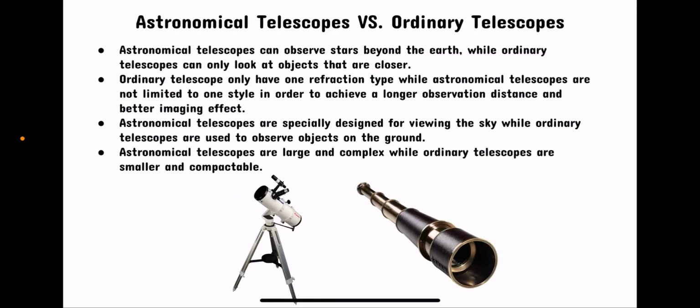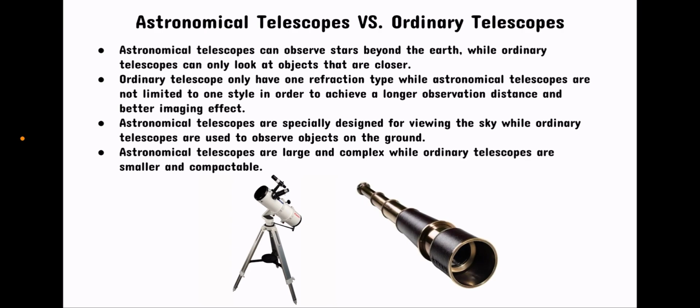So what is the difference between astronomical telescopes versus ordinary telescopes? Astronomical telescopes can observe stars beyond the Earth, while ordinary telescopes only look at objects that are closer. Ordinary telescopes have only one refraction type, while astronomical telescopes are not limited to one style, in order to achieve a longer observation distance and better imaging effect.